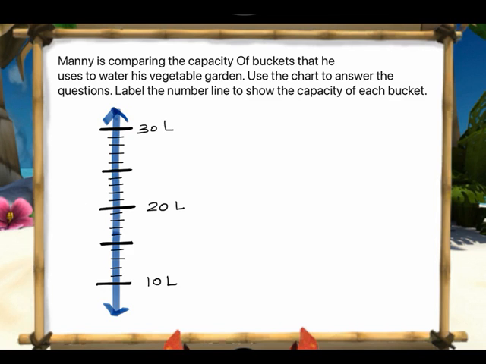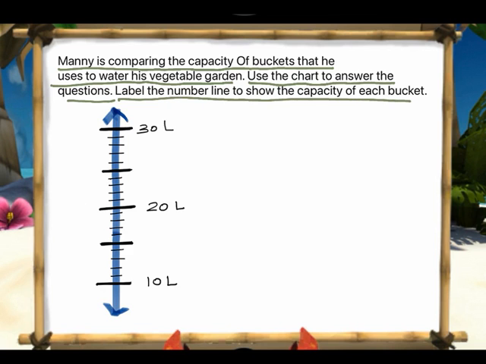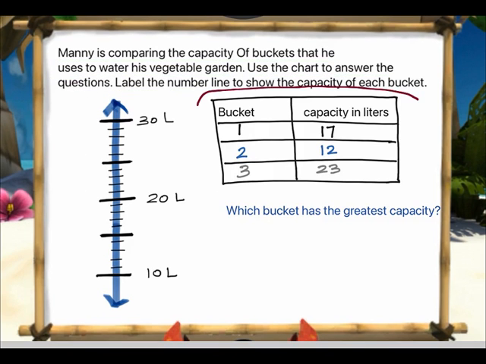Okay, the question here is, Manny is comparing the capacity of buckets that he uses to water his vegetable garden. Use a chart to answer the questions. Label the number line to show the capacity of each bucket. Okay, so here is the chart that they are talking about in the question. What is Manny doing here?